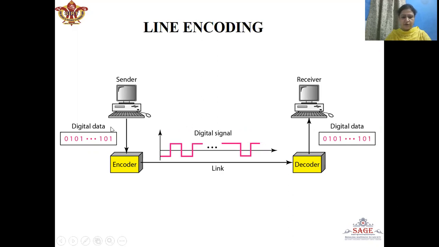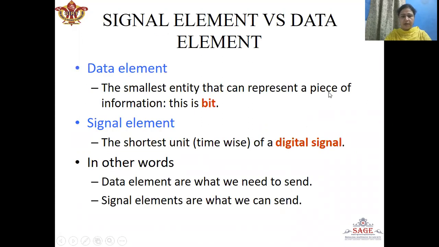In this type of encoding, the binary ones and zeros generated by a computer are translated into a sequence of voltage pulses, plus V and minus V, that can be propagated over a link, and it will be received by another computer system, which will again decode it as a sequence of zeros and ones to be interpreted by the receiver computer.